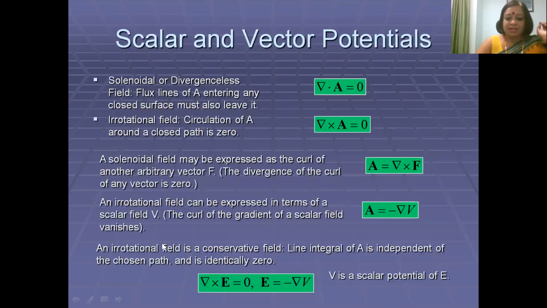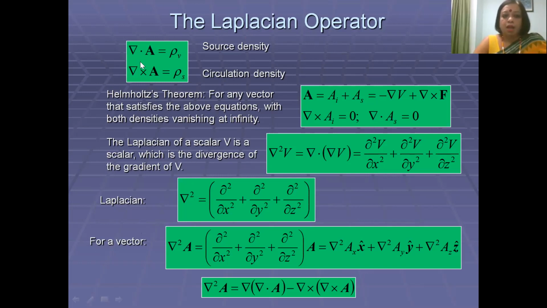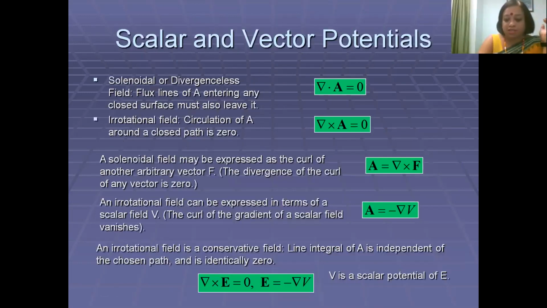In that case, we consider some non-zero values. Let's say divergence of A is rho V and curl of A is rho S. This does not have any physical significance at this moment because we are talking about fictitious fields, but I will call rho V the source density and rho S the circulation density. You will understand intuitively why I am doing this.